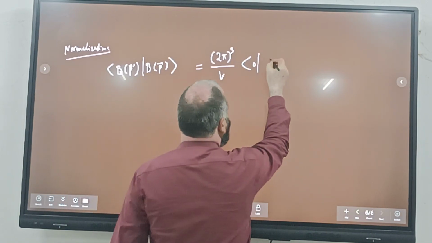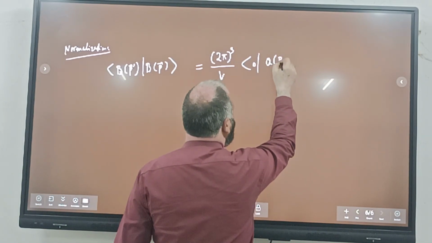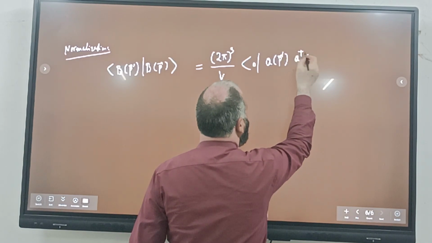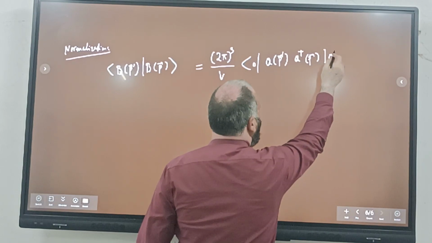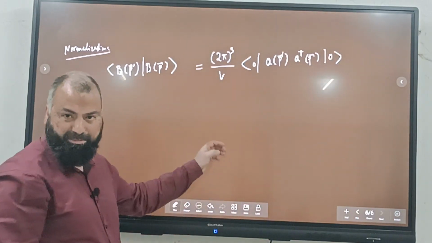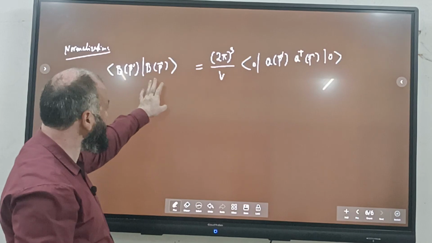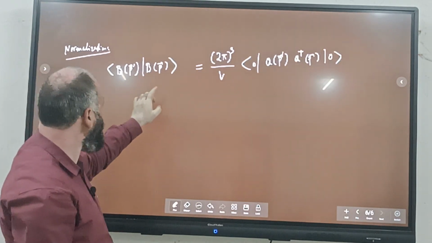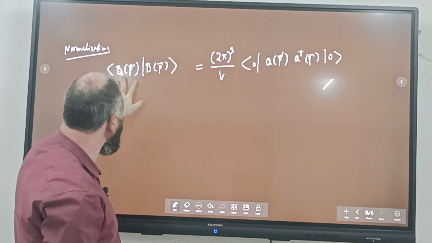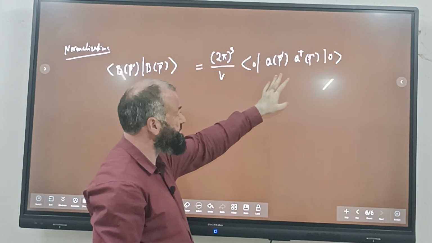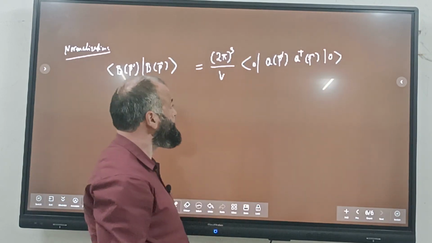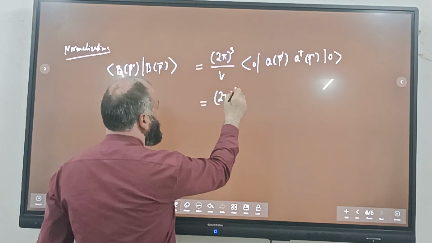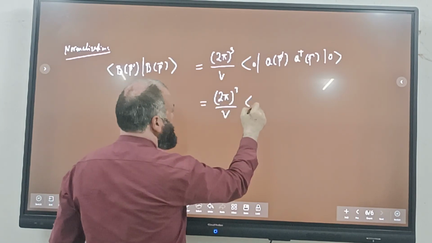So you have this a, it will be simply a of p, and here it will be a dagger of p prime. I just used the previous definition of this B of P in terms of A dagger. When you write the bra state of this B of P prime, it will be like this. It is actually the conjugate of this thing. So what you get is 2 pi q by V, so it is 0.